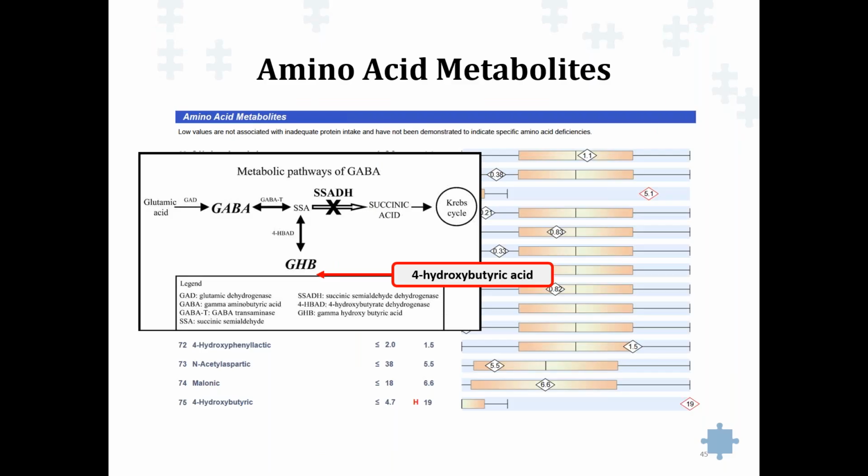In this very rare genetic disorder, there is a deficiency of that enzyme. And we can get massively elevated levels of 4-hydroxybutyric, which is also called gamma-hydroxybutyric acid. And then that has toxic influences in the brain and nervous system.